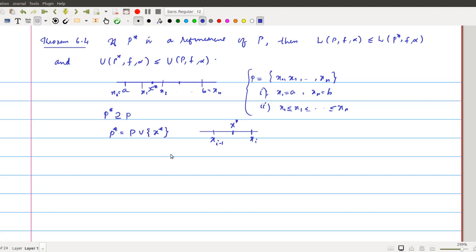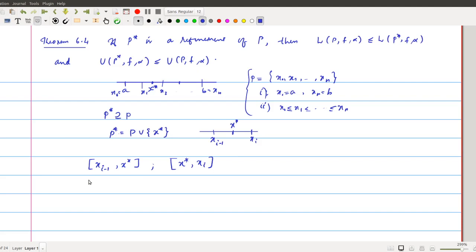In this case, our interval x_{i-1}, x_i will be divided into two subintervals: x_{i-1}, x star will be one subinterval, and the other part will be x star, x_i. So if we consider P star, then we need to consider two subintervals instead of x_{i-1}, x_i.